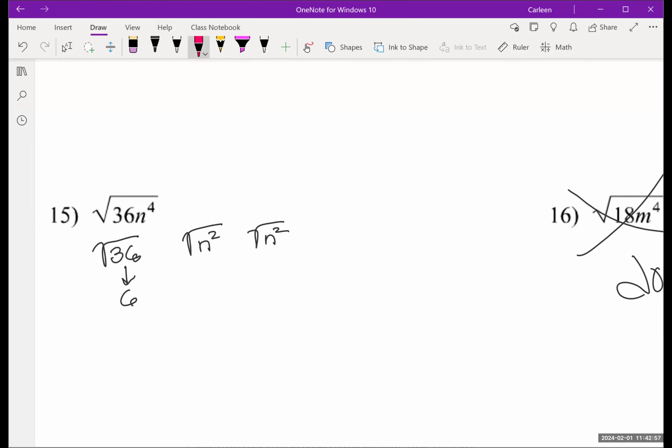Okay, let's look at the square root of n squared. Squared cancels square root. Poof, n comes out. Square root cancels squared. Poof, n comes out. 6n squared.